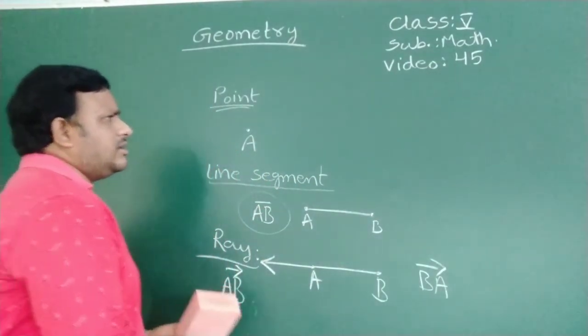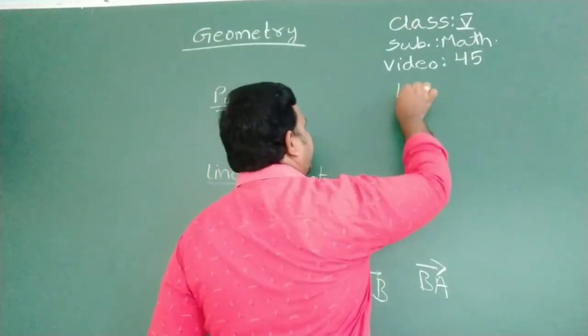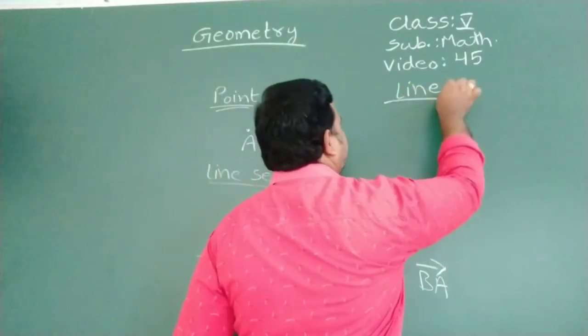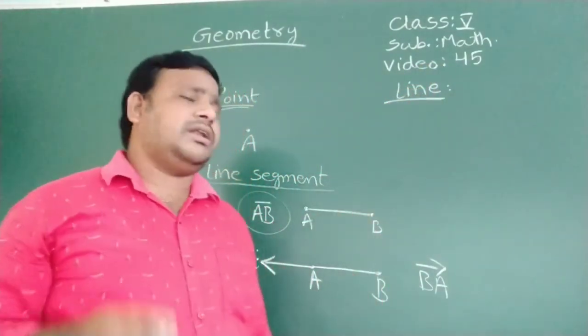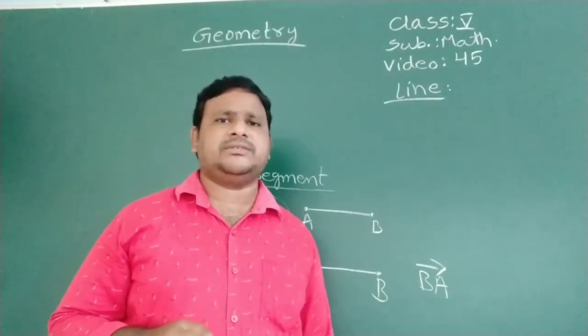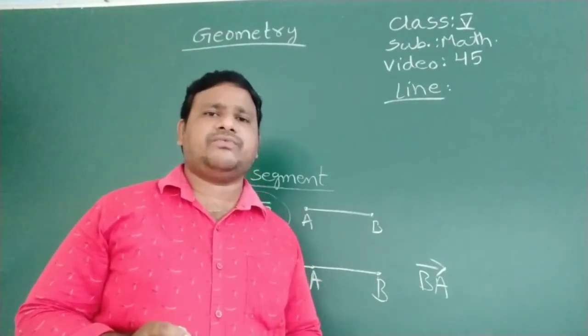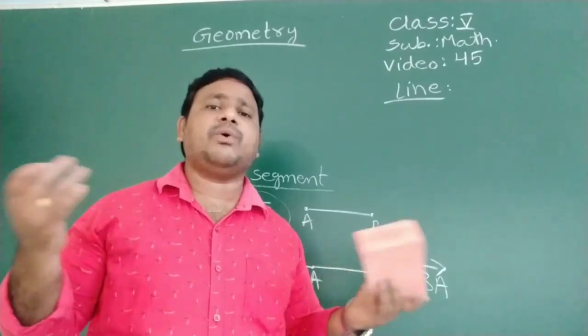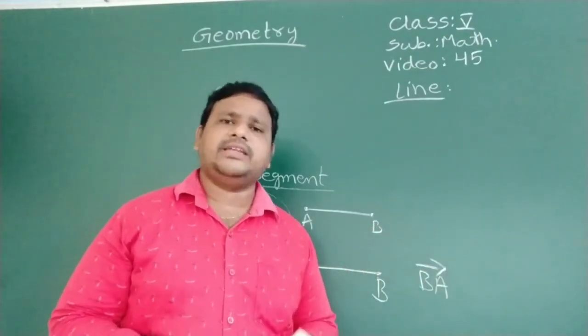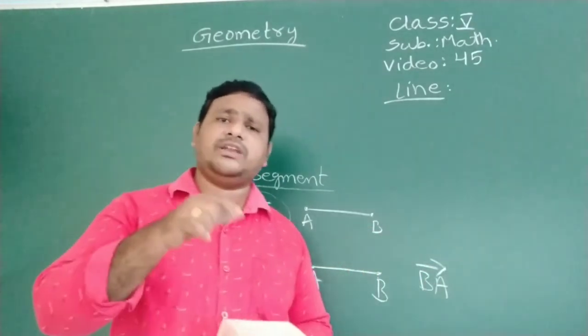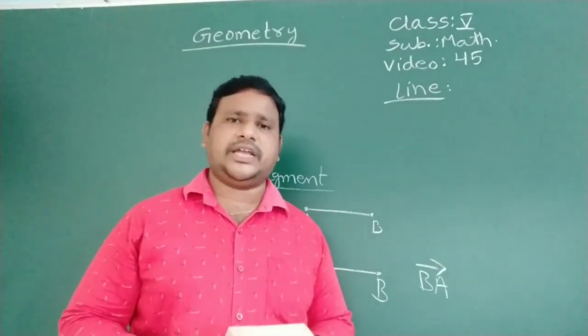Now coming to the next one, line. What is that? Line. So a line is nothing but the extension of a line segment in both ways. If a line segment is extended only in one direction, it gives a ray.